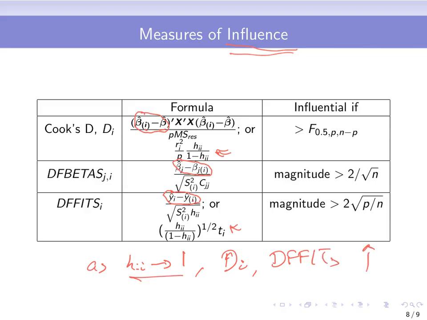So that's why we say that, generally speaking, if you're outlying in the predictor, then you tend to be influential. The other thing I'll take note of is that Cook's distance and DFBETAS measure the impact of removing that data point i on all the fitted values, whereas DFFITS only measures the fitted value for that observation. So that's a slight difference in what they measure.